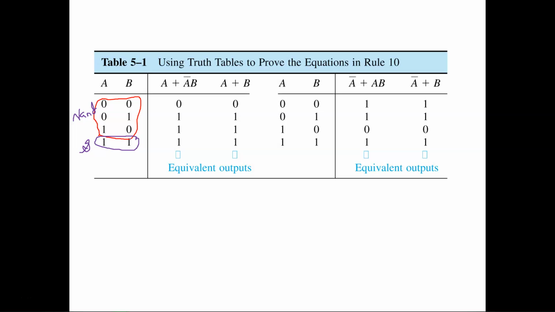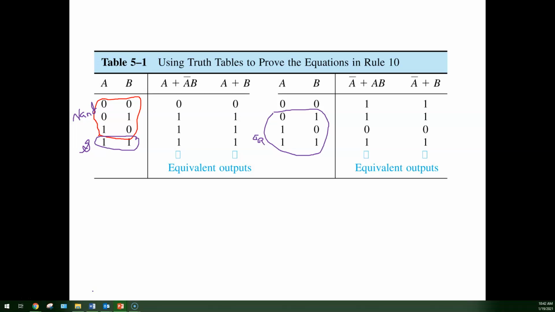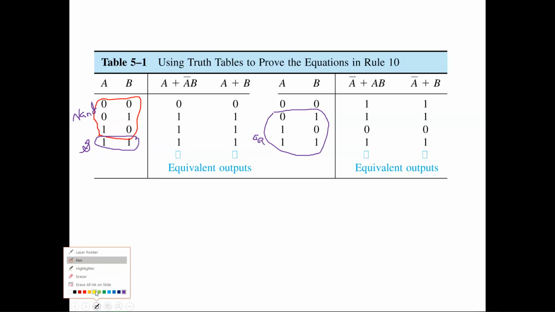These singular ones down here would give me an AND signal. If I was looking for an OR signal, that means I would look at these guys right here. And if I'm looking for a NOR signal, I would look at this one right here.